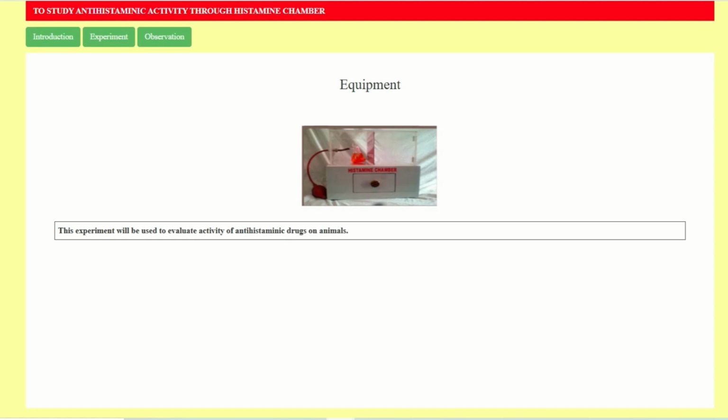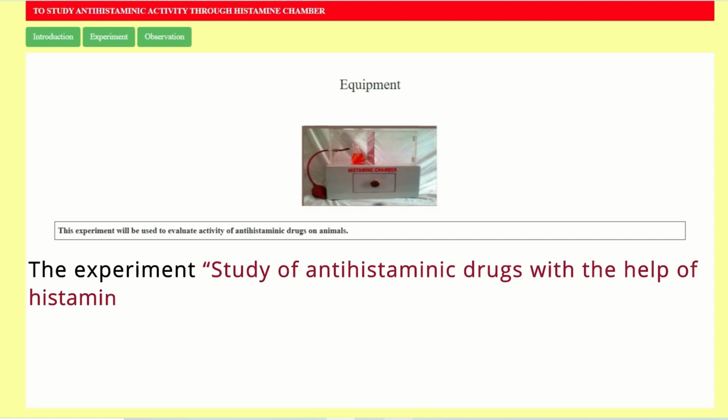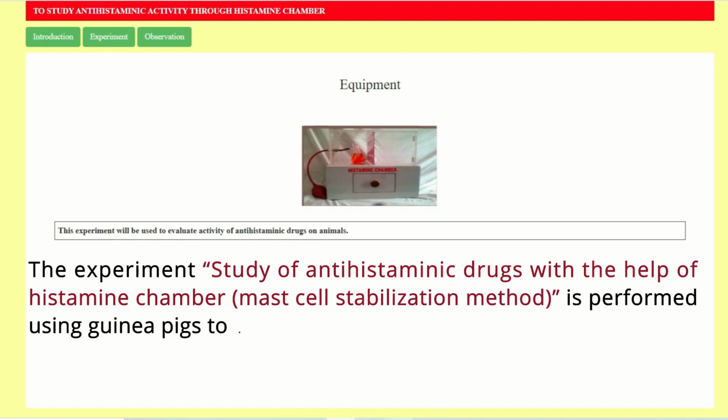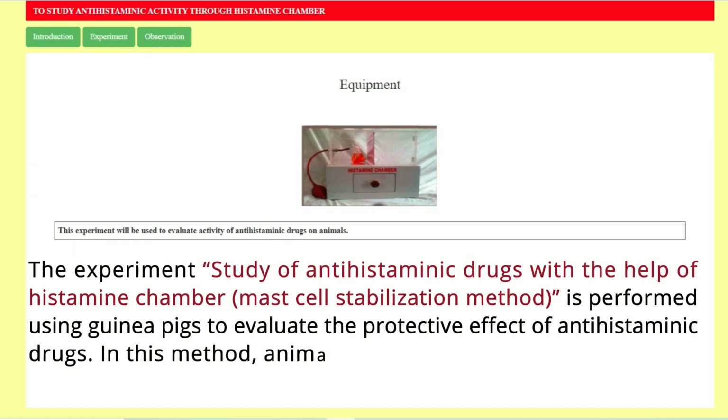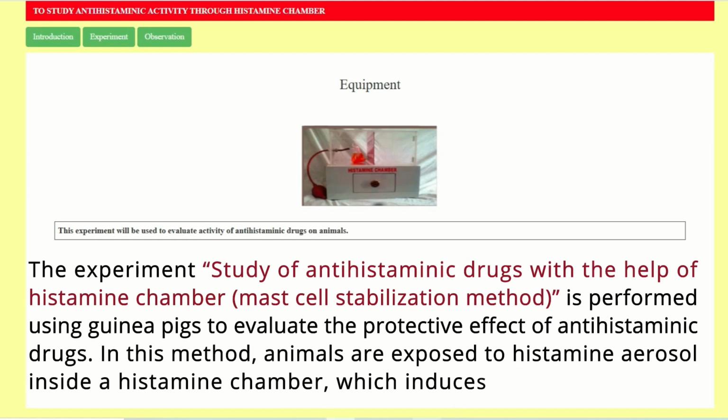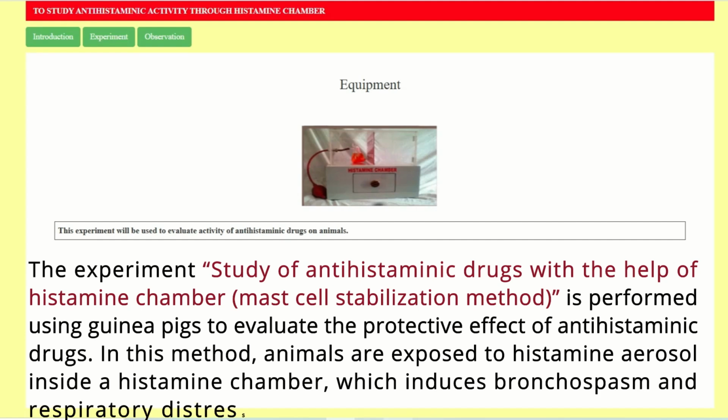Now, after this, we will see what happens in this experiment. The title is Study of Antihistaminic Drugs with the help of the histamine chamber. The mast cell stabilization method is performed using guinea pigs to evaluate the protective effect of antihistaminic drugs. In this method, animals are exposed to histamine aerosol inside the histamine chamber, which induces bronchospasm and respiratory distress.